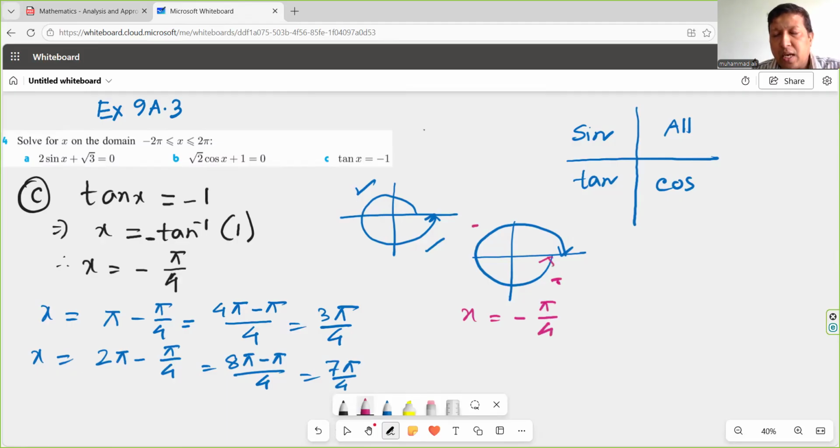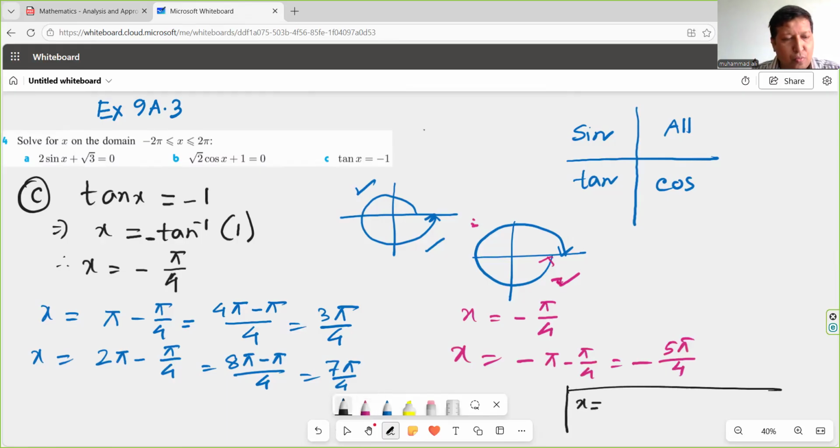When you consider the clockwise, it will be in this quadrant, first quadrant. Then x equals here. So up to this is minus pi. If we add minus pi by 4, we will get here minus 5 pi by 4. So finally we get the result x equals 3 pi by 4, 7 pi by 4, minus pi by 4, and minus 5 pi by 4.